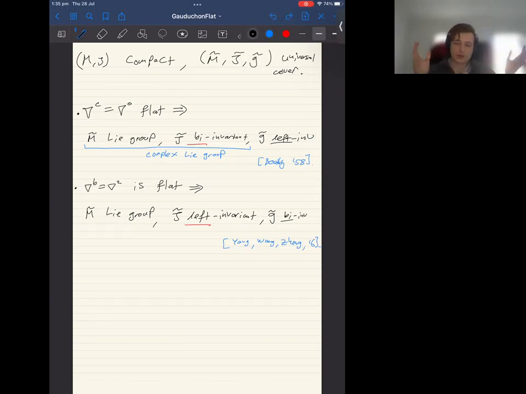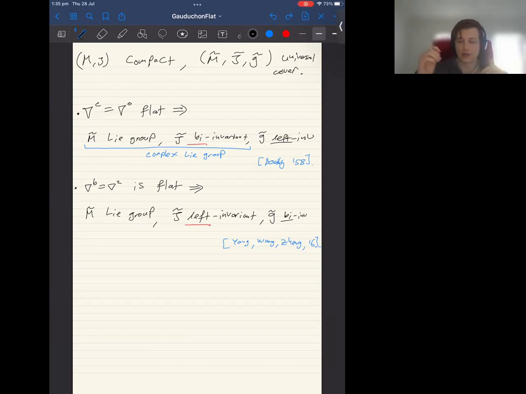So we got model spaces for the Chern connection, which are complex Lie groups, and model spaces for the Bismut connection, which are Lie groups with a left invariant complex structure, but bi-invariant metric. So remember, if a Lie group has a bi-invariant metric, then it's isomorphic to a product of a compact Lie group and Euclidean space, right?